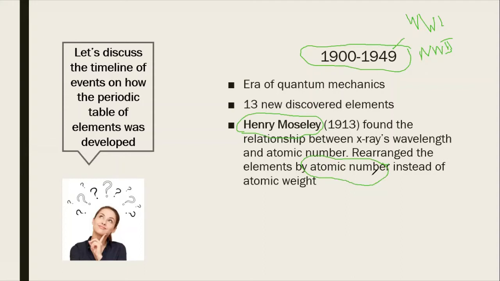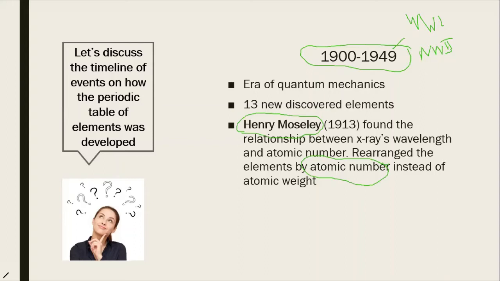So ang nangyari, the periodic table that we are using right now is all because of Henry Moseley. Okay? Kumbaga, ang pinagbasihan niya is yung kay Dmitri Mendeleev. Minodify na lang niya na instead of using the atomic weight, he used it according to its atomic number. Okay, so kung ano man yung ginagamit natin in the present day, it's all because of Moseley.